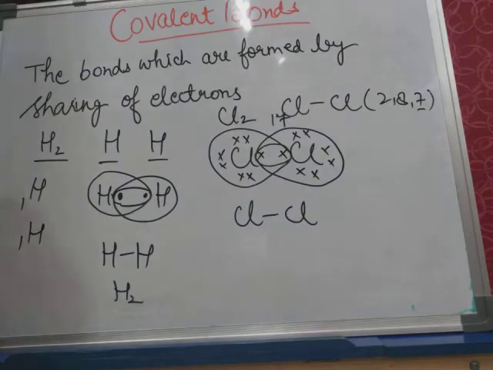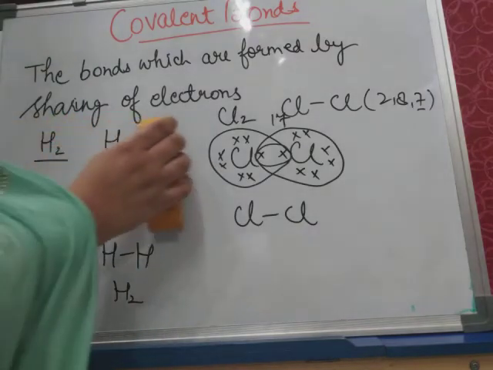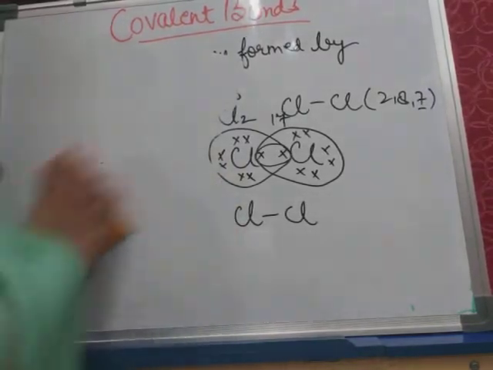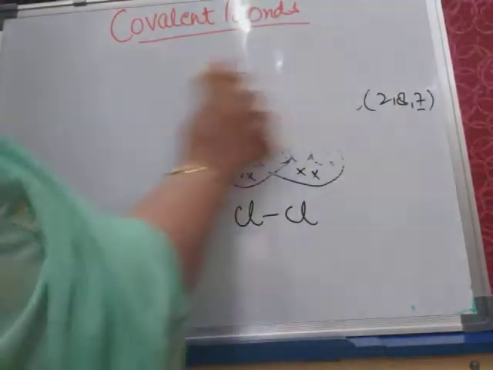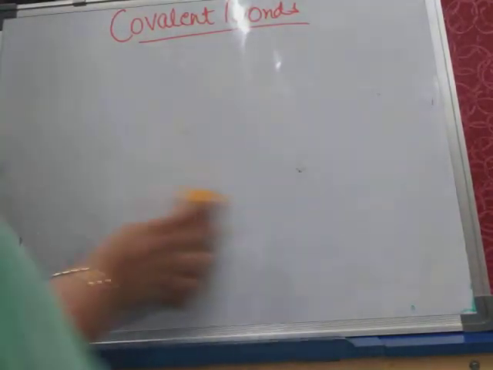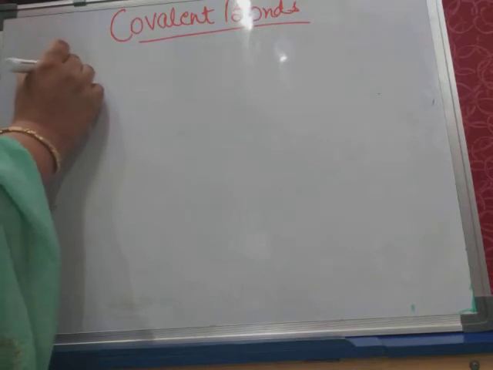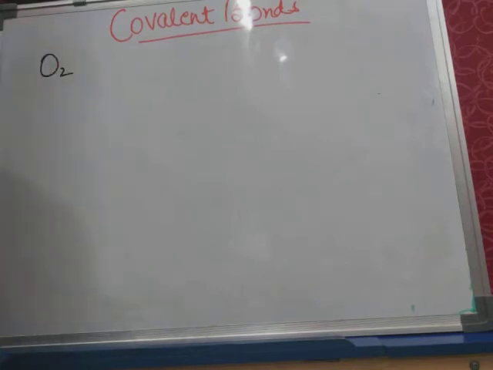Okay, and the next example which we'll take is of oxygen. Now we'll see how the bond is formed between oxygen. See, oxygen also exists as O2. If oxygen exists as O2, it means two oxygen atoms are here.